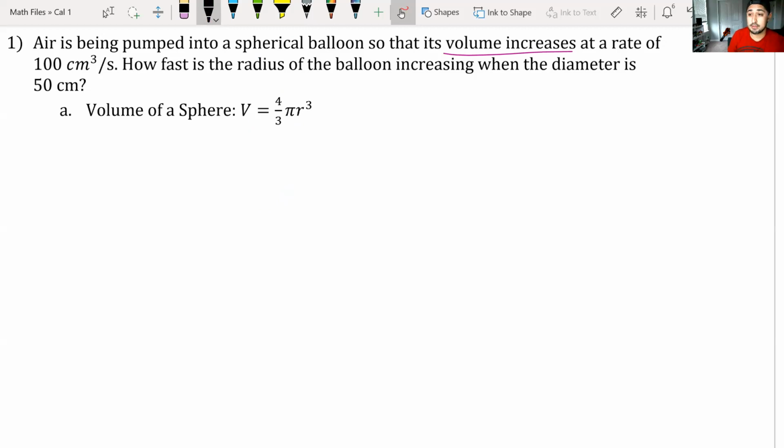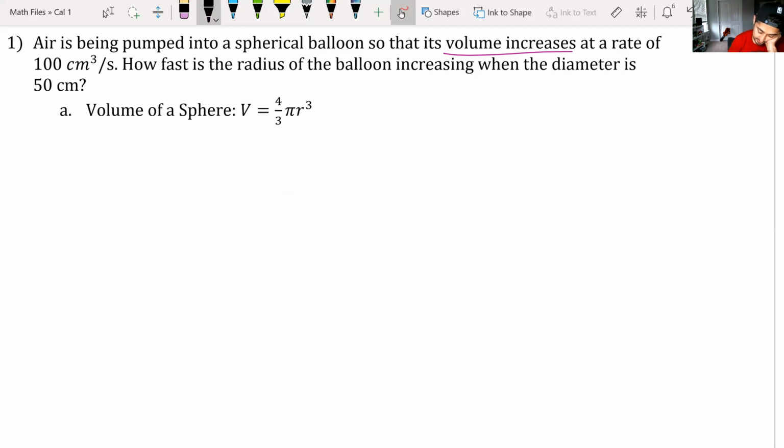Keywords here as well are increases or rate. Remember, we are doing derivatives, so derivative means rate of change or rate of increase or decrease. So look for those keywords to determine what variables you need to use. Okay, let's see, so reading it again, volume increases at a rate of 100 centimeters cubed per second.